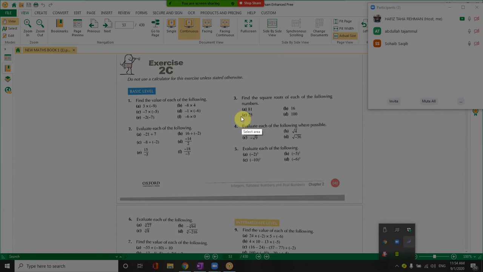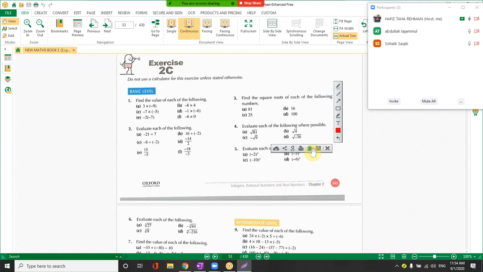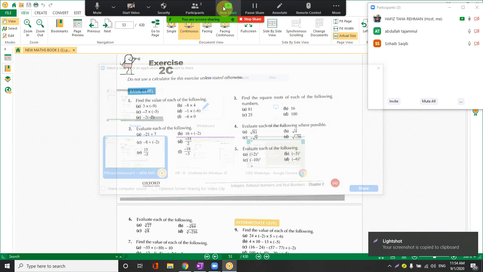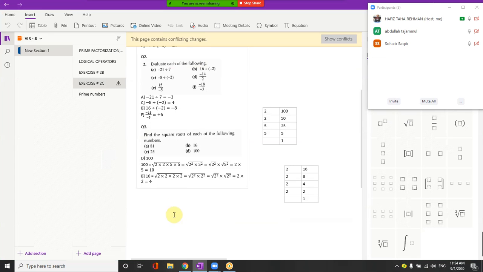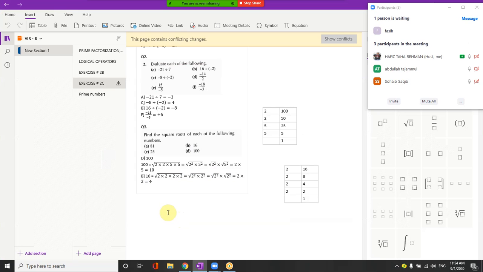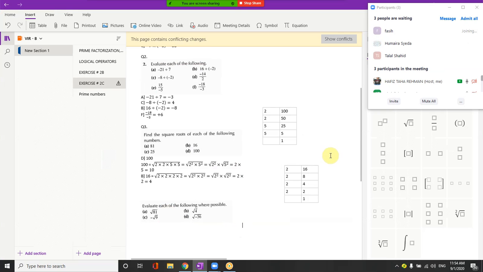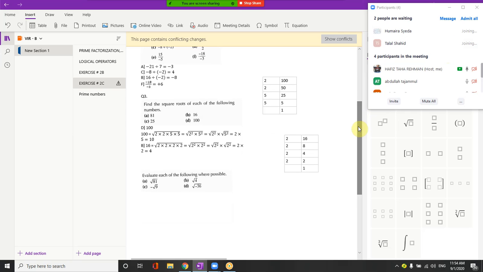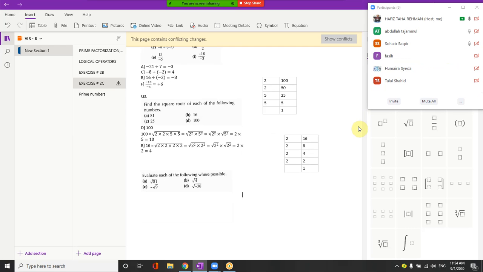Question number 4 tells us to evaluate each of the following where possible. Can you see the OneNote? Yes, sir. Now we need to check basically the square root of different values.